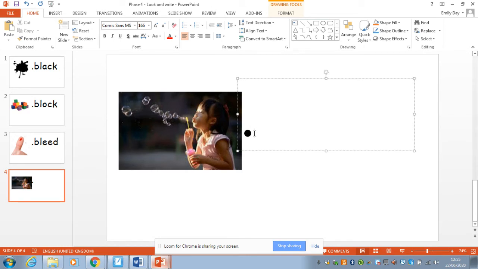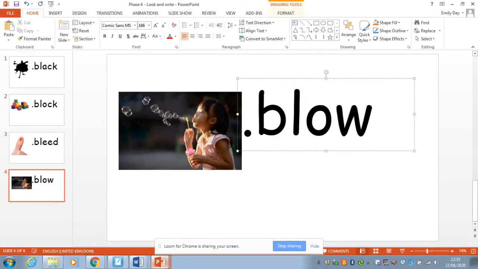So we're going to write the word blow. Now, blow has that tricky consonant cluster at the start. Bl, bl, blow, bl, o, and the o is from phase 5, as in oh, row your boat slow. So it's spelt like this.